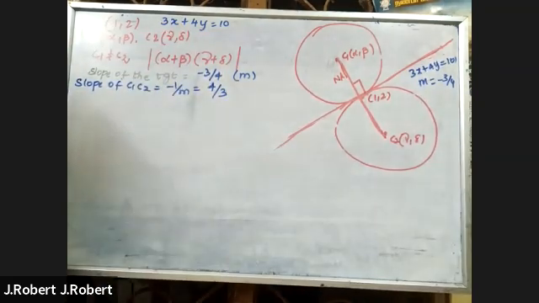So the slope of C1C2, the line joining the two centers, is equal to 4/3.